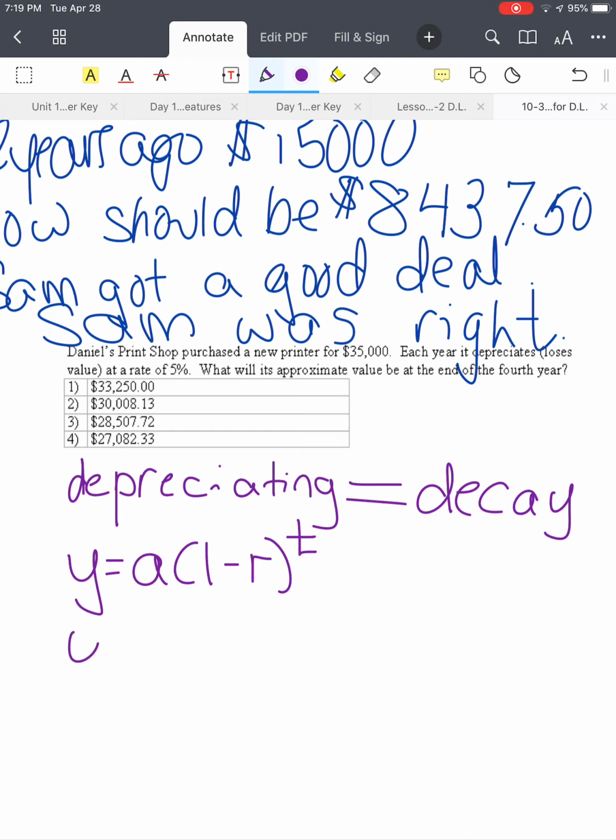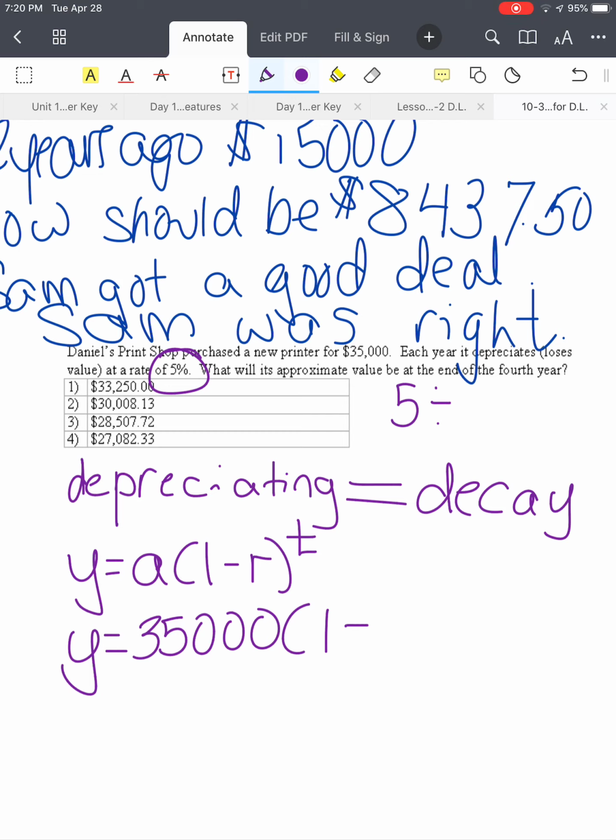And let's set ourselves up an equation. A is my initial amount, my purchase price. So that's going to be the $35,000. 1 minus, well, that's my rate. My rate is 5%. Again, I need to make it a decimal, so 5 divided by 100 is 0.05.